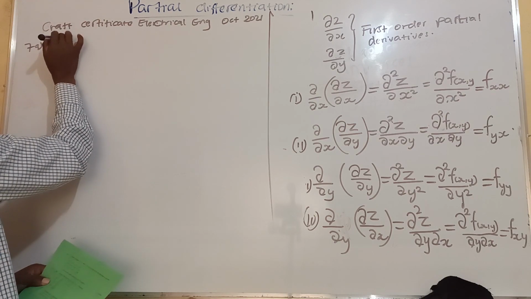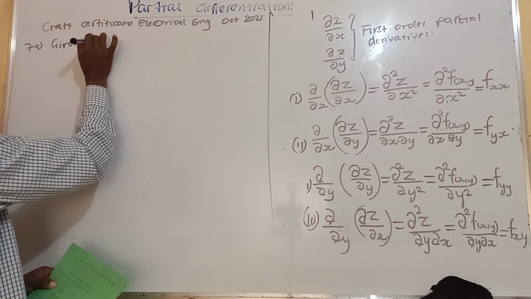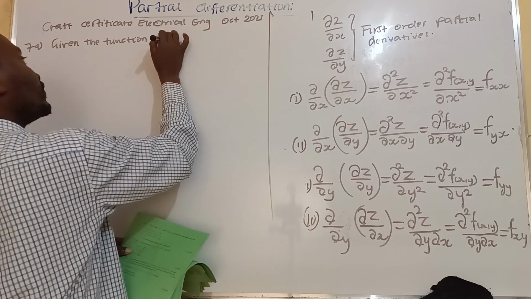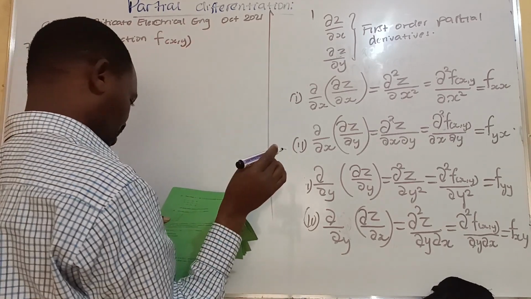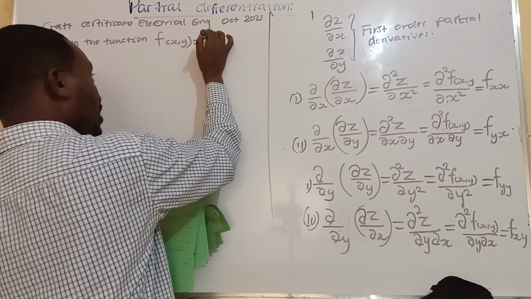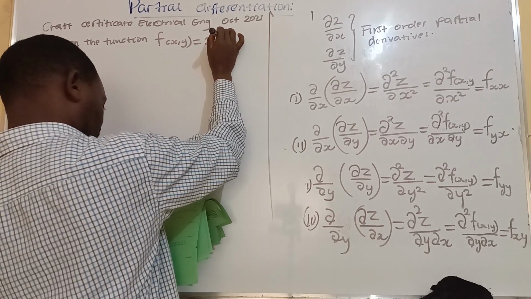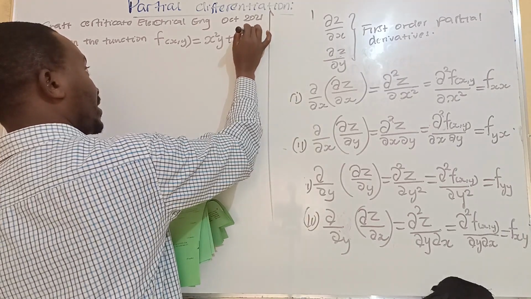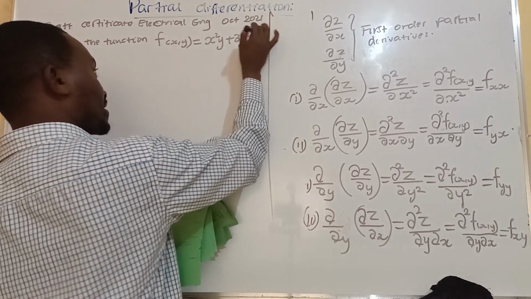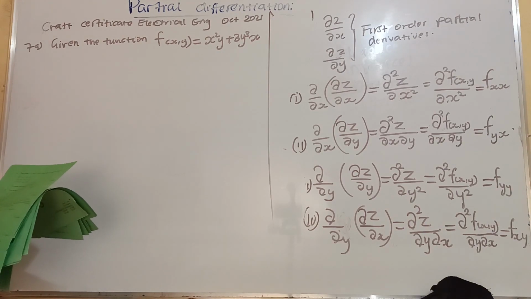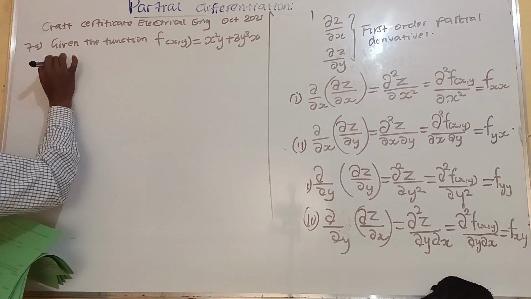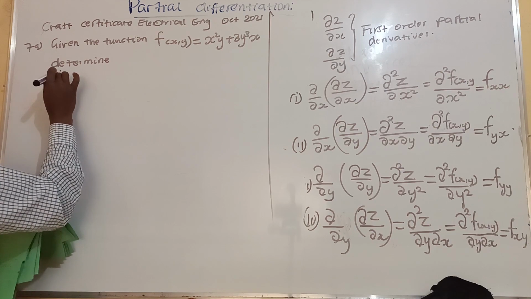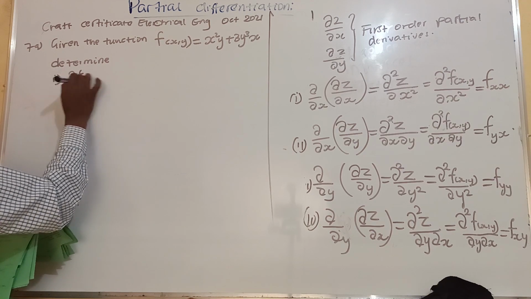Given the function of x and y equal to x squared y plus 3y cubed x, determine: number 1, partial derivative of the function with respect to x.